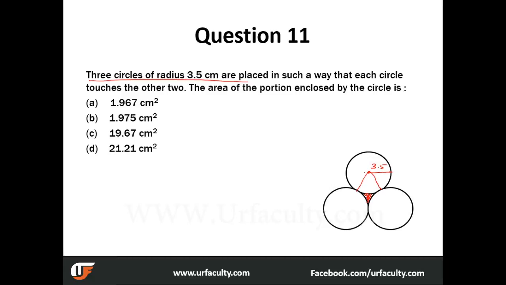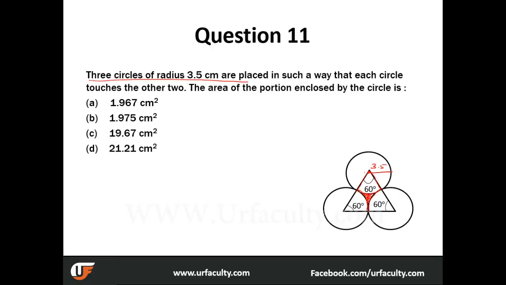So how do we apply this concept then? To do that, we draw a triangle like this. If we draw a triangle like this connecting all the centers, we are now left with these sectors which need to be taken off from the triangle.